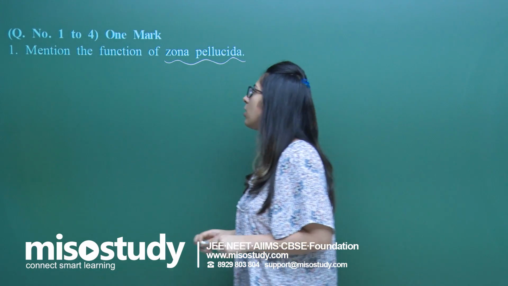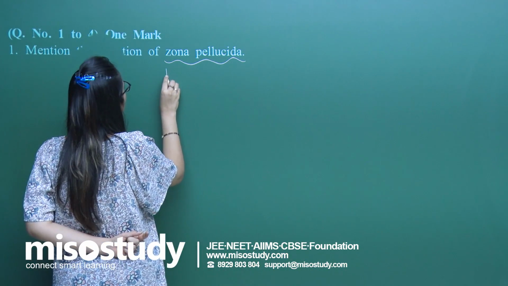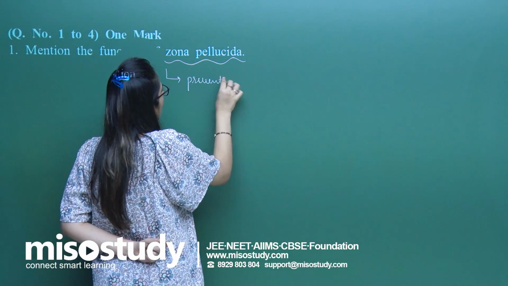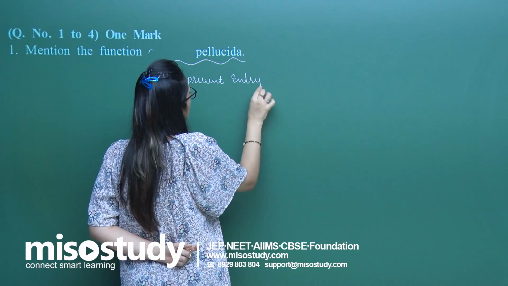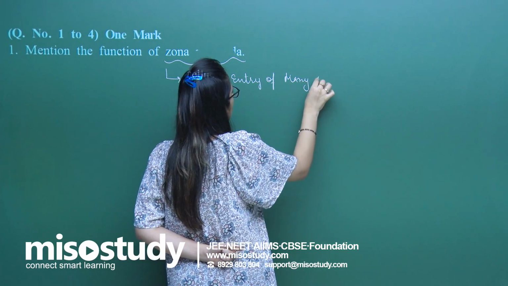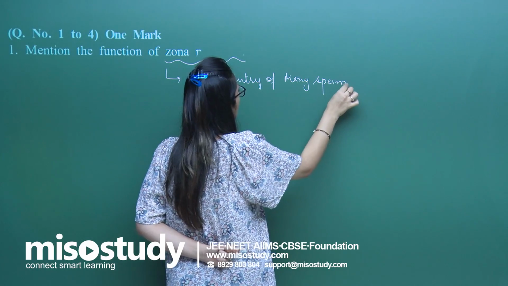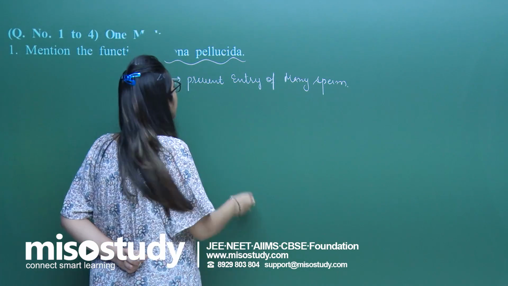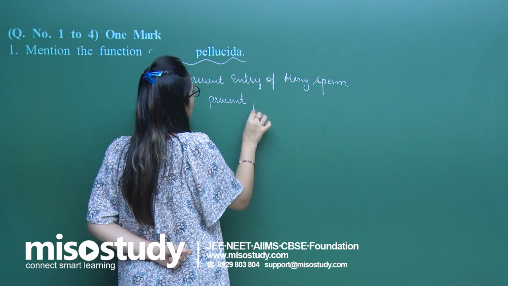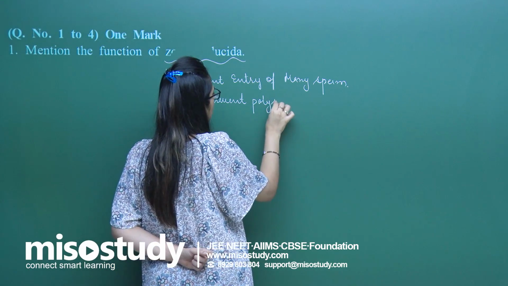That means the function of the zona pellucida is to prevent entry of many sperms, or can I write this as prevent polyspermy?